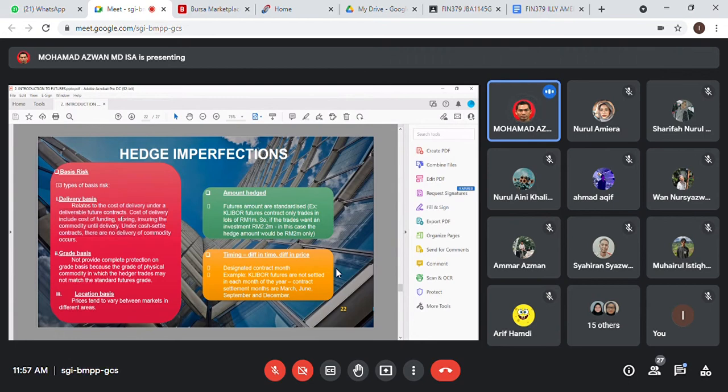And then we have grade basis. Grade basis is where one expects good quality CPO to be delivered, but on the day of delivery, we get very bad quality CPO. Maksudnya it's not as we expected. Grade basis.